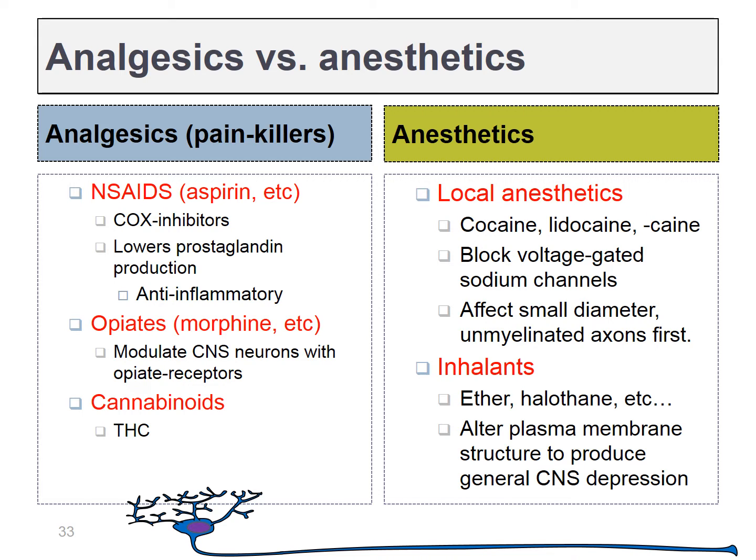Next up, and this is just for fun, but there are different types of drugs that can attenuate pain. The ones on the left are called painkillers or analgesics, and these include some of our favorites like aspirin and other non-steroidal anti-inflammatory drugs. These typically block the production of inflammatory molecules.